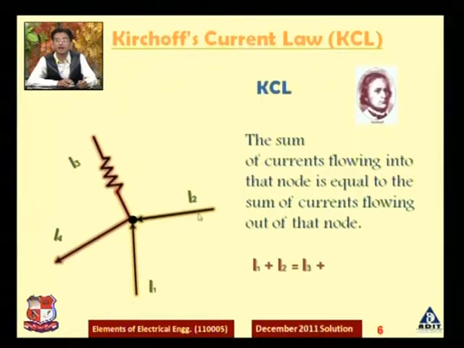So we can write that I1 plus I2 is equal to I3 plus I4, where I1 and I2 are the incoming currents, and I3 and I4 are the outgoing currents. This Kirchhoff current law is used to find out how much current is flowing at a junction or at a node.